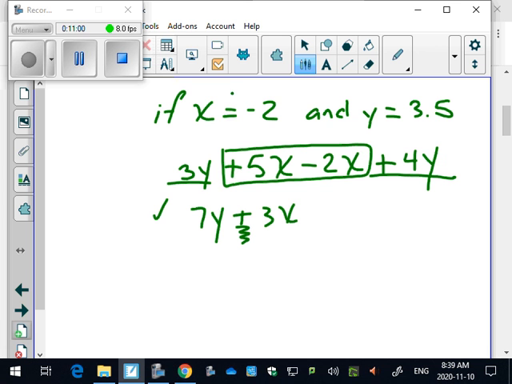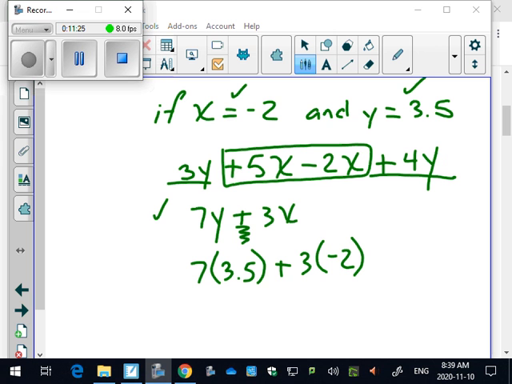Now it's time to substitute these numbers in where you see those values down below. 7 bracket 3.5, we put a bracket to show every time we substitute a number in. We're going to add because that's what the question tells us. And we're going to multiply this by -2 because that's what it said in the question. So we have 3 times 7 is 21, 7 and 5 is 3.5, so that's 24.5.